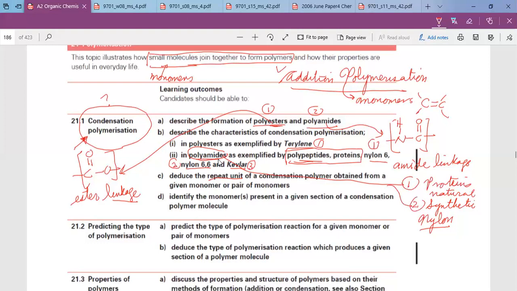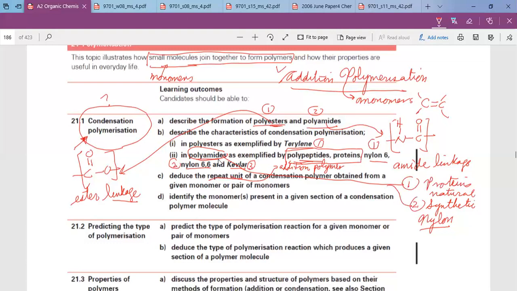You need to know what a repeat unit is. So, deduce a repeat unit of a condensation polymer, and not only of a condensation polymer, but also a repeat unit for an addition polymer. So they will ask you, so we're going to lump all together. You have done this before in Form 5, also in your AS, so we will revise them all together.